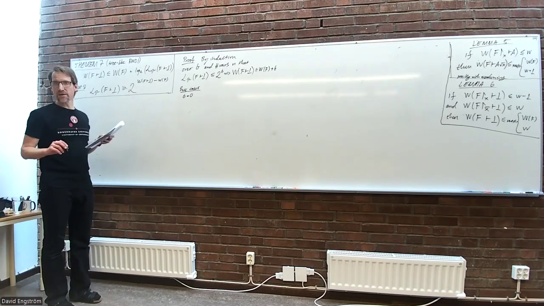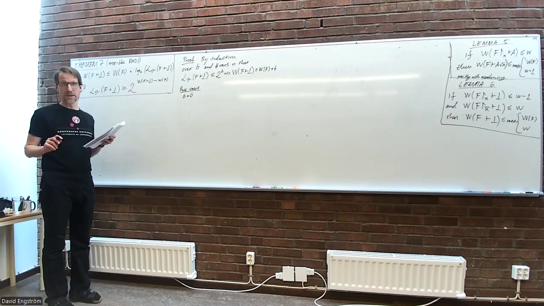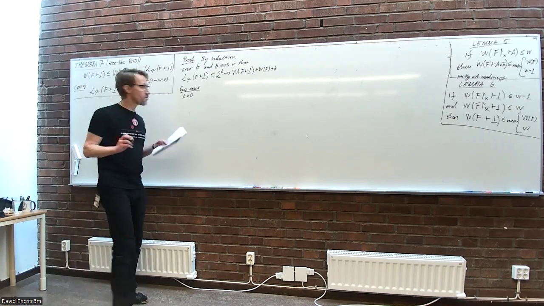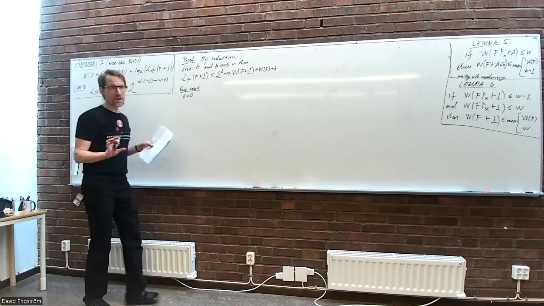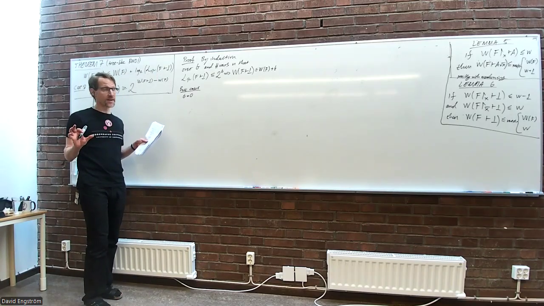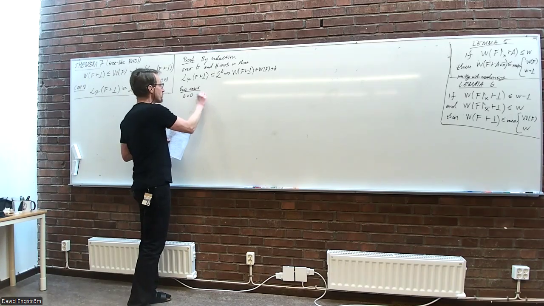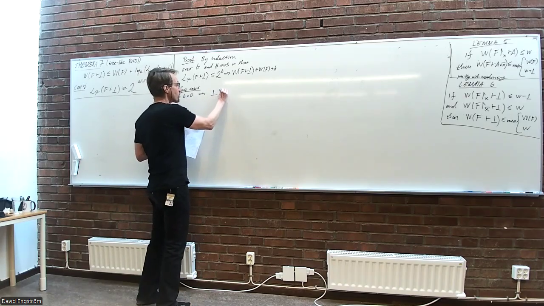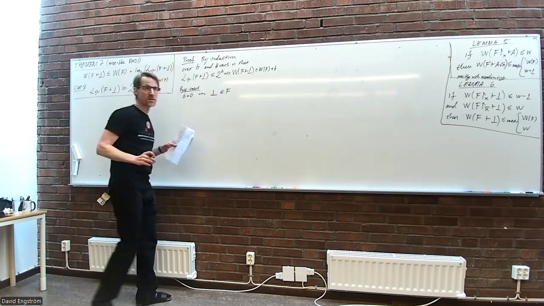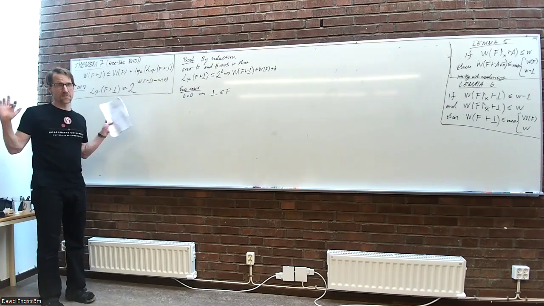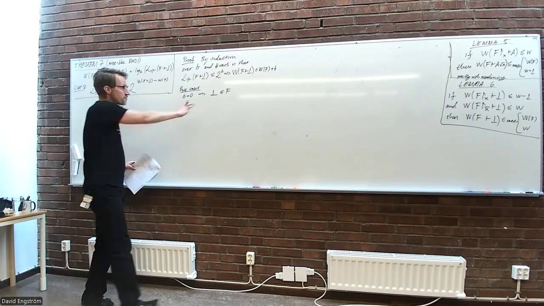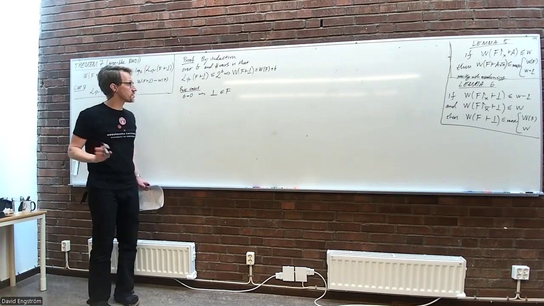What can I say about the length of the refutation? It has length 1. There are pretty few options. A resolution refutation contains at least one clause, and that's the empty clause. So the only possibility is that the empty clause is actually in the formula, which I guess could be the case. It's not a terribly interesting formula, but it's a legitimate case.